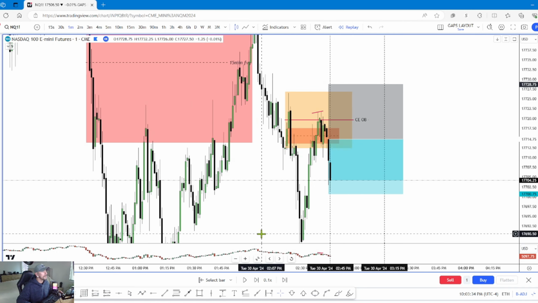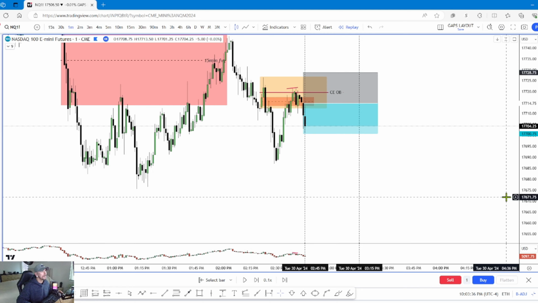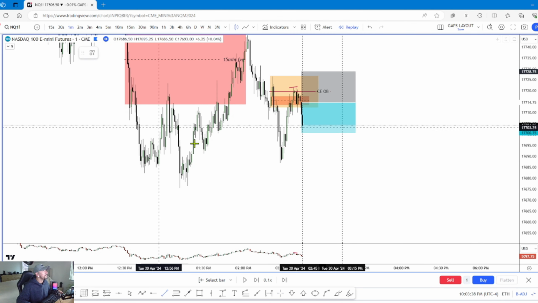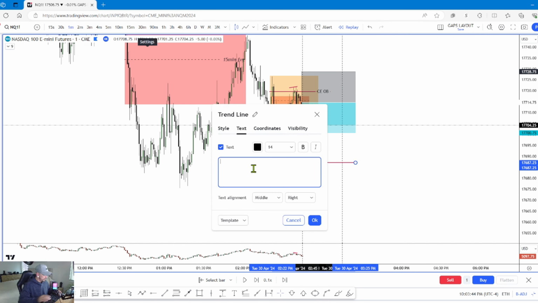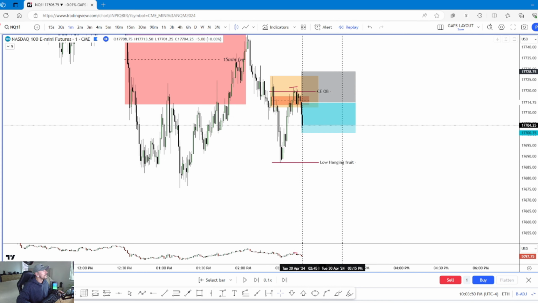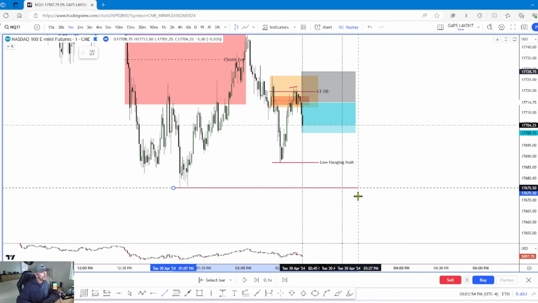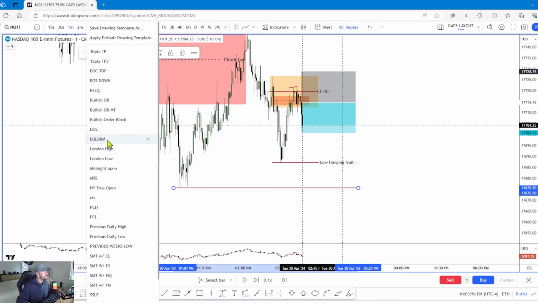Now, what can we target? Well, low-hanging fruit. Right here. Or we have relative equal lows nested right here in this form of sell-side liquidity.